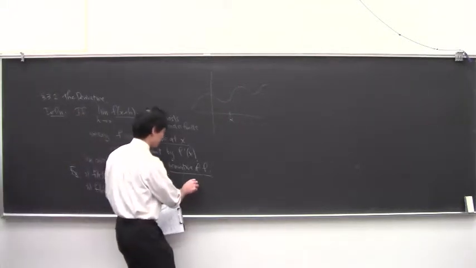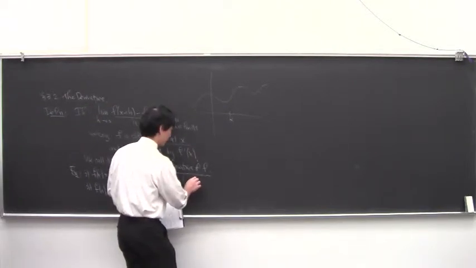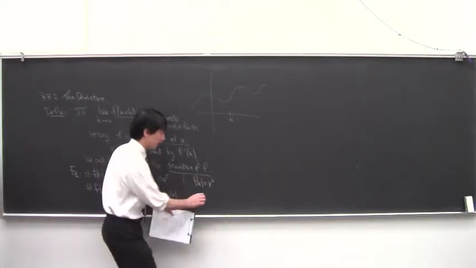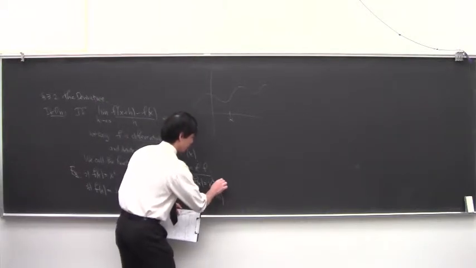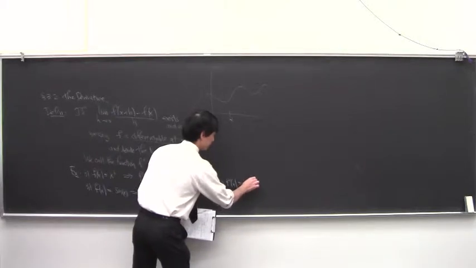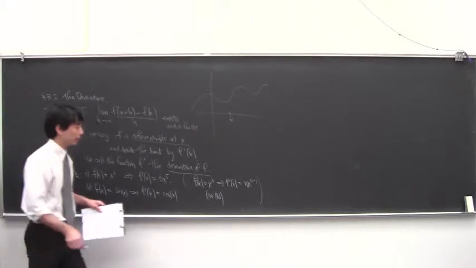For this first example, we made it plausible that whenever you have some x to the n, and n is some natural number, then f prime x was nx to the n minus 1. This is what we call the power rule.